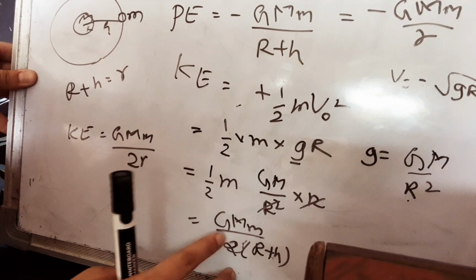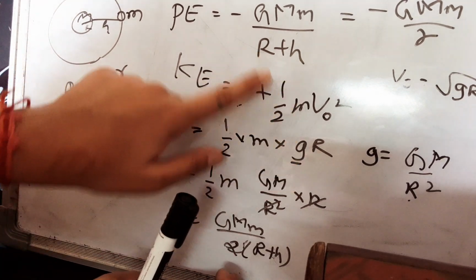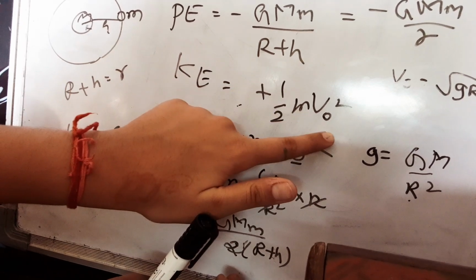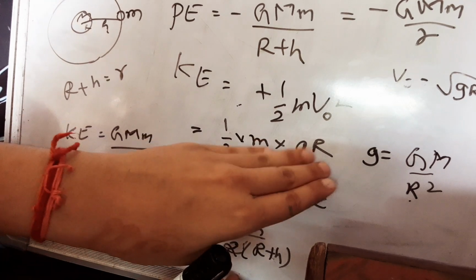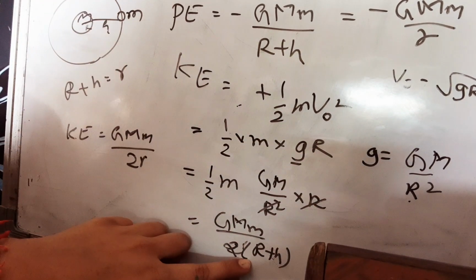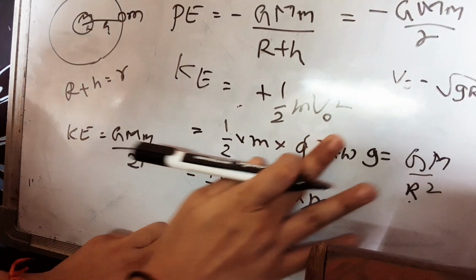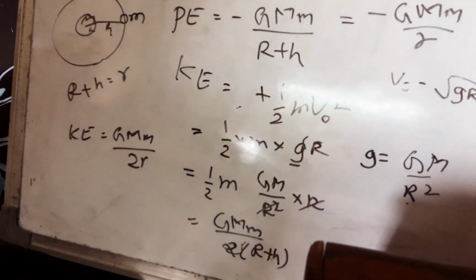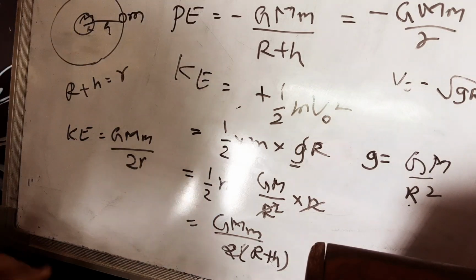In place of R plus h, I am writing small r. I hope this part is understood. Just for solving, I kept the distance as simple r, but actually the distance is R plus h everywhere. Don't worry. So kinetic energy is equal to GMm upon 2r.